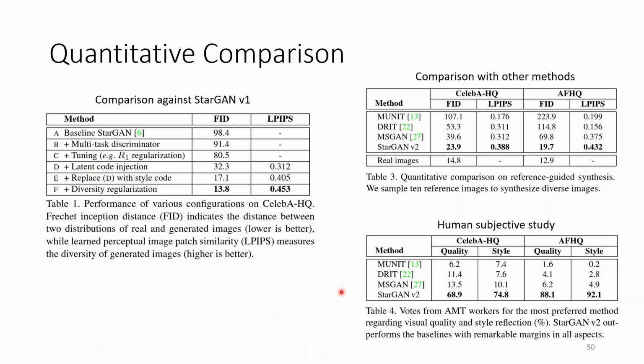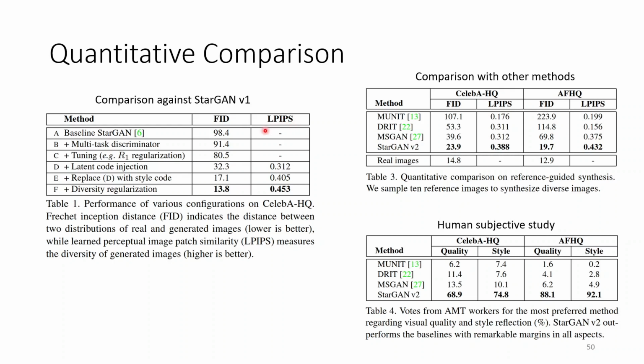StarGAN V2 was published in 2019, 4 years ago. There are FID and LPIPS available. So they use FID and LPIPS to evaluate the performance of the GAN.